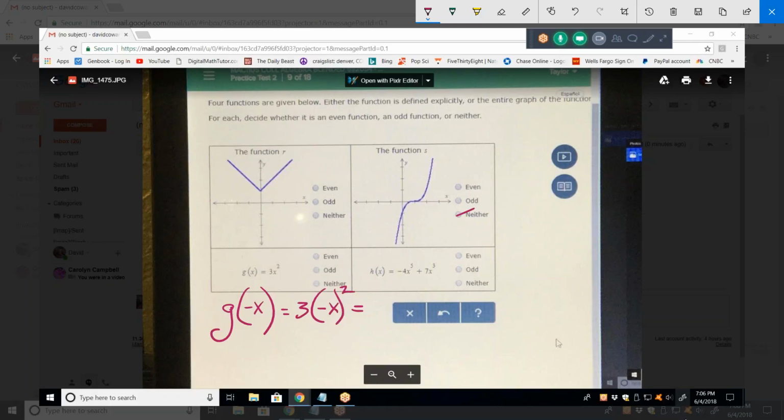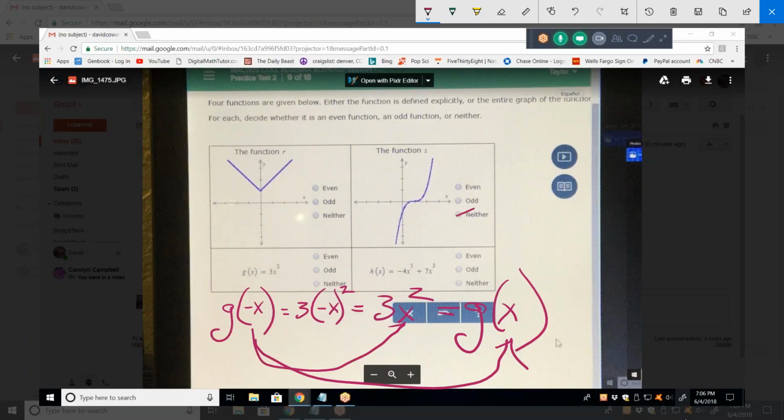Well, that's equal to 3x squared, which is equal to g of x. And even functions are where g of minus x is equal to g of x. That's what makes a function even. Since it's exactly the same thing, g of minus x equals g of x, or 3x squared, then that is even.